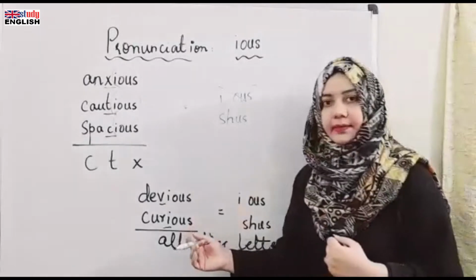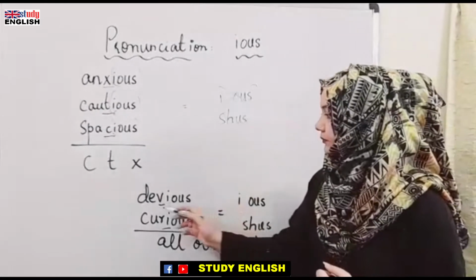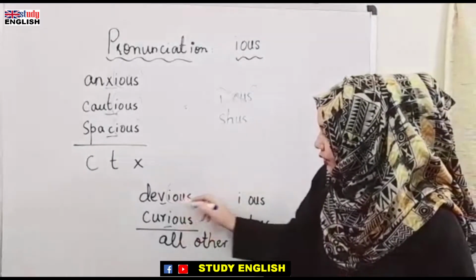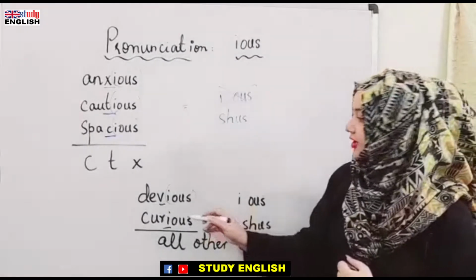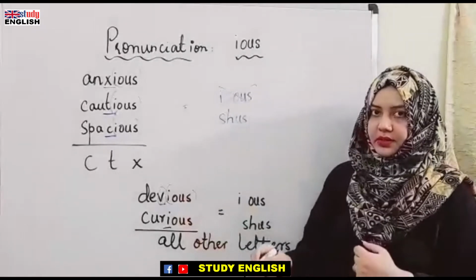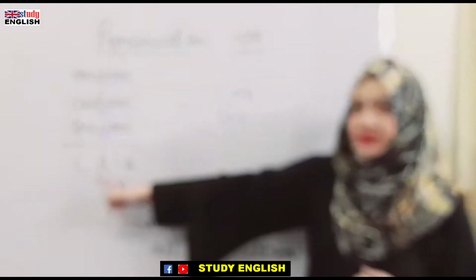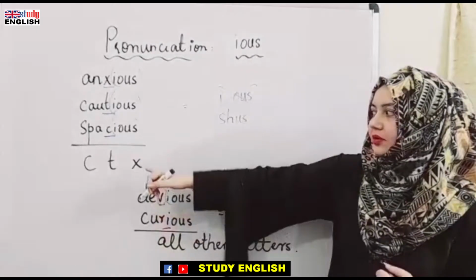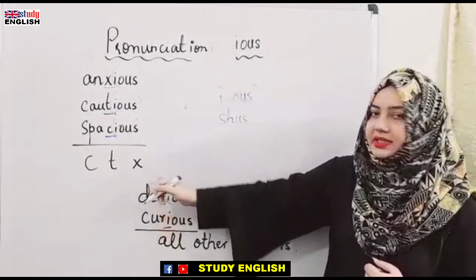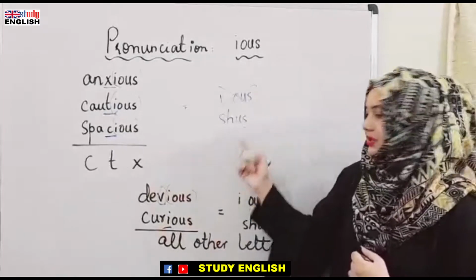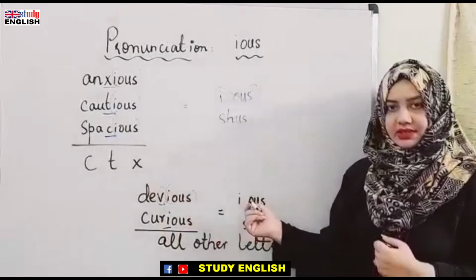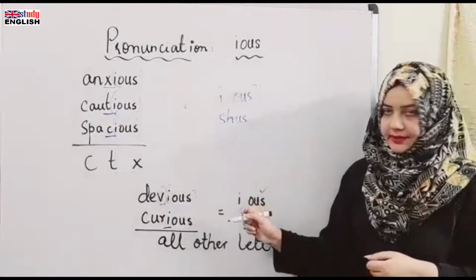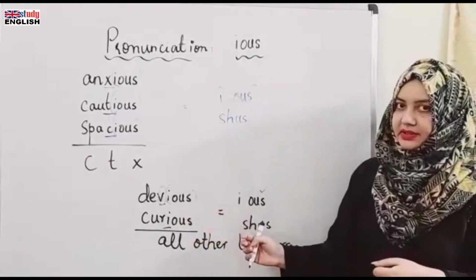Let's see some more examples so you will understand my point. Devious, IOUS. Before IOUS we have V. Does V come with CTX? No. V is not C, V is not T, V is not X. So we will not sound "shus", we will sound "devious". Okay, curious.